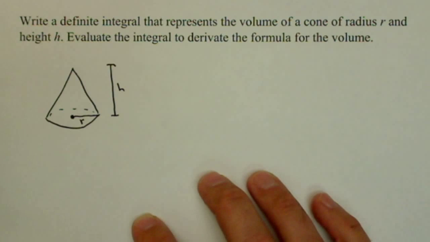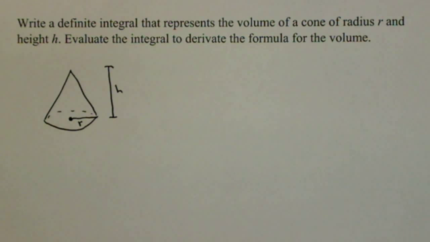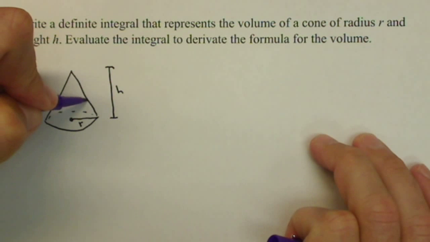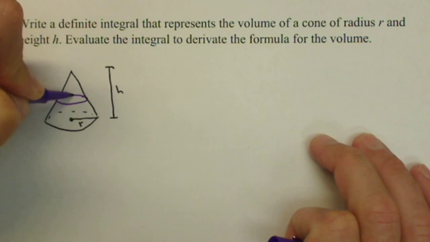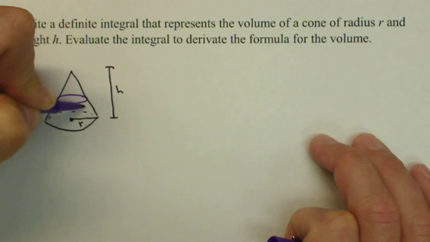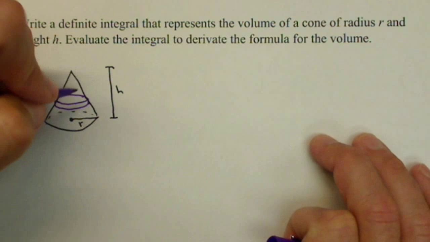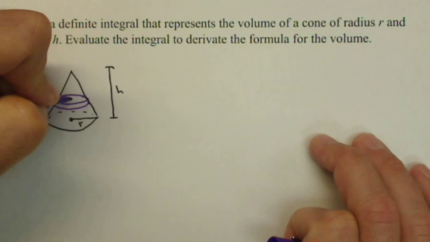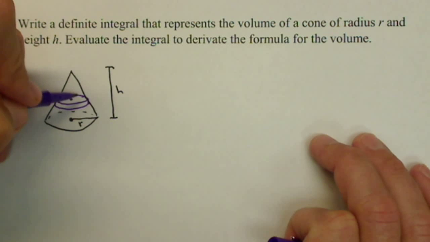Alright, what we're going to do is put in an arbitrary slice in here, and we're going to see what's happening with that slice. So there's our slice, and let's give it some labels.